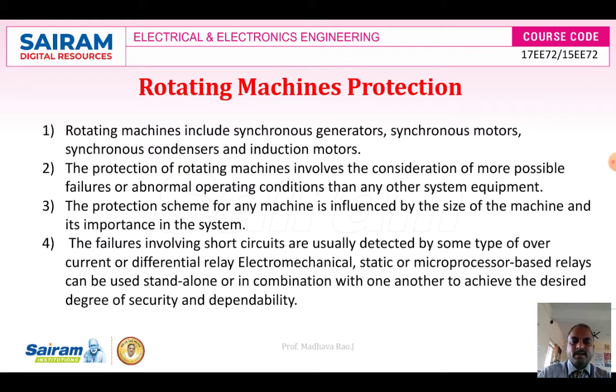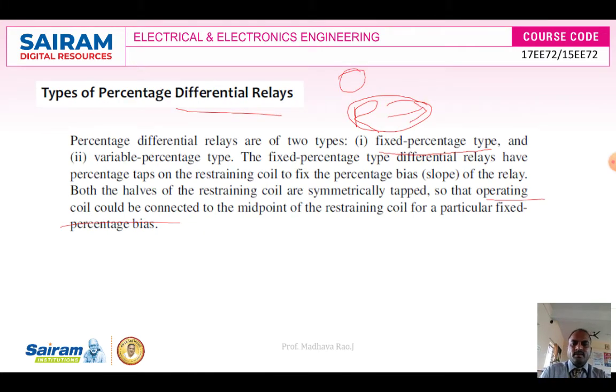So this is about the fixed percentage type. In the variable percentage type, both the operating coil and restraining coils are variable. So, in place of fixed, we have connected variable inductive coils.